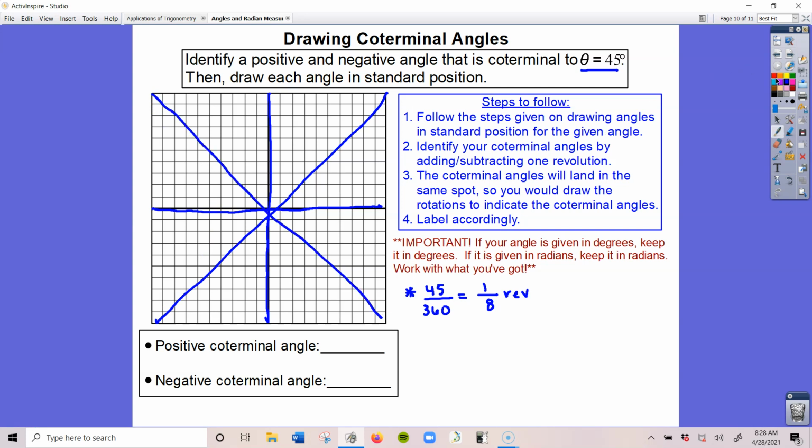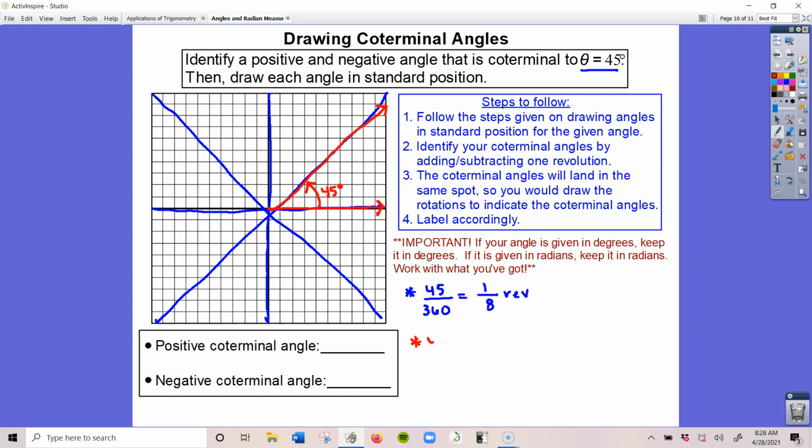Now the 45 degrees, again, we're going to put our angle in standard position, and it is 1/8 of a revolution, so that means that it would land right here. So this is the 45 degrees. Now let's find a positive coterminal angle and a negative coterminal angle.